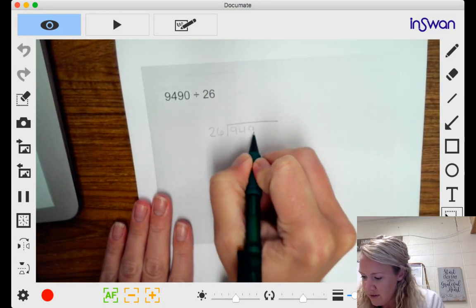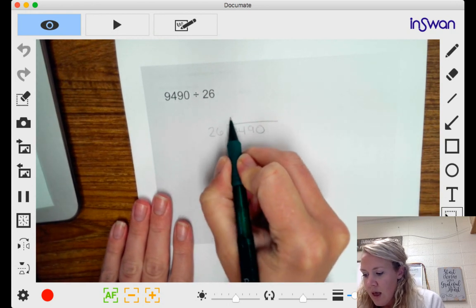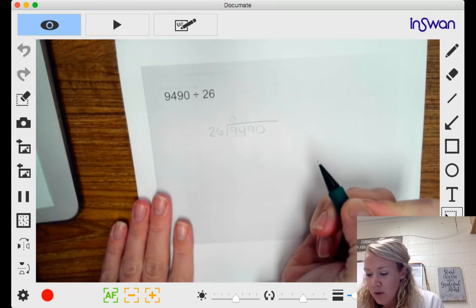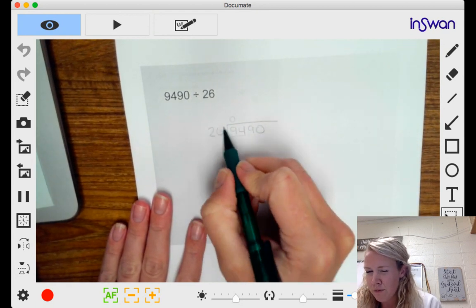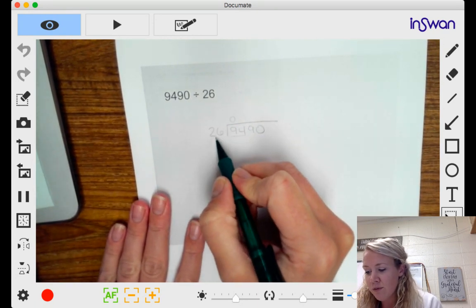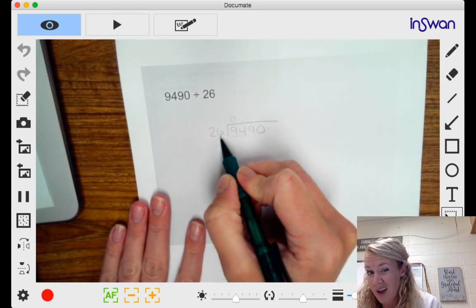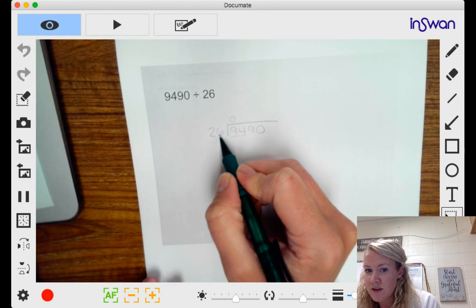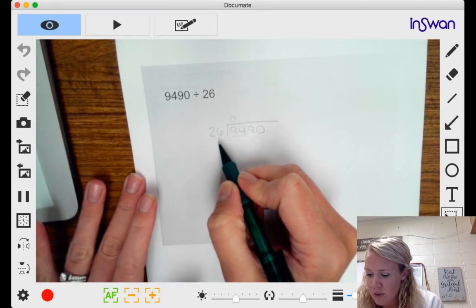I know that 26 doesn't fit into the 9, so I'm going to be looking at 94. It's not on my multiplication table. 26, I have to think about how many I think I could fit into 94. And so 26, I don't know how to count by 26s very well, but I can count by 25 pretty well. 25, 50, 75, 100 would be too much. So I think I can get 3.